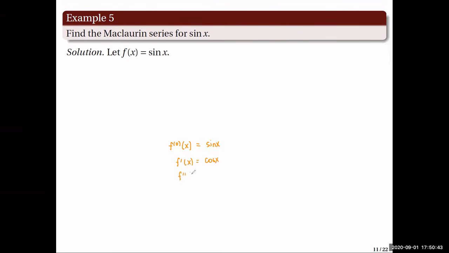F double prime of x equals negative sine x. And then the third order derivative of f is equal to negative cosine x. Now differentiating this further, we obtain the fourth order derivative of f, which is equal to sine x. So now we're back at f0 of x.